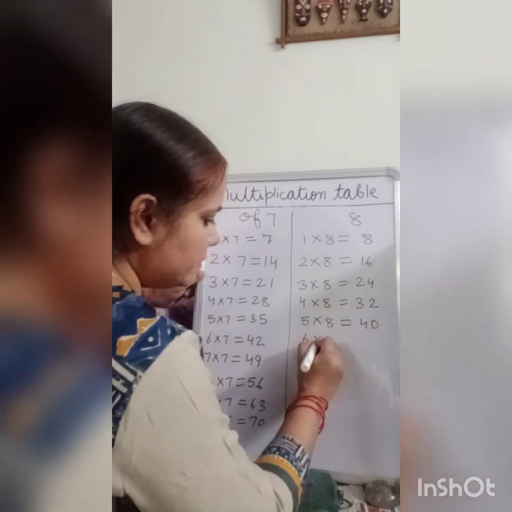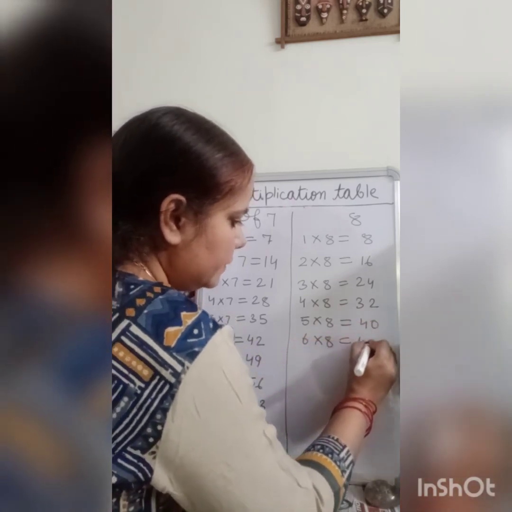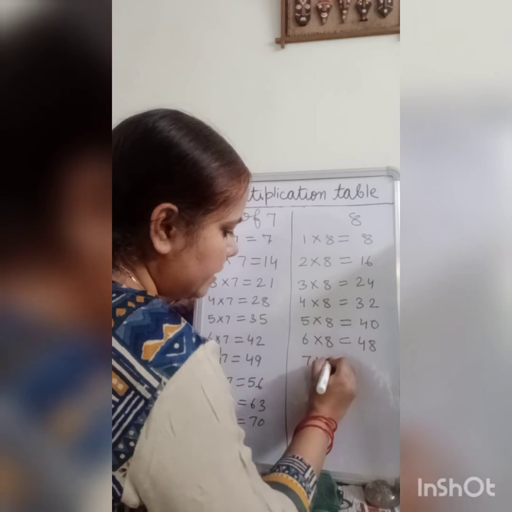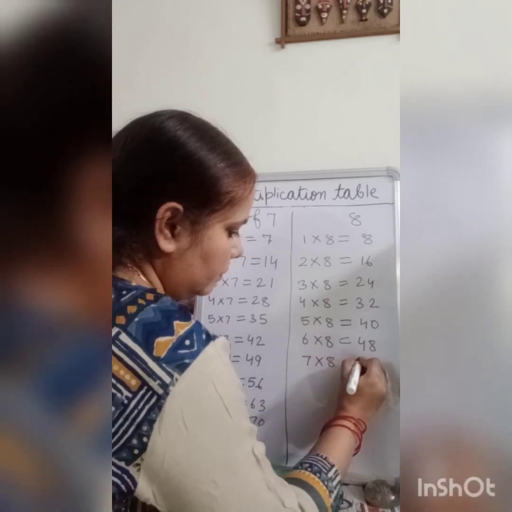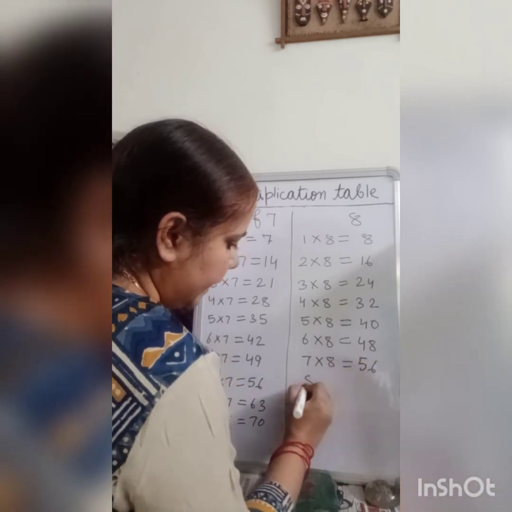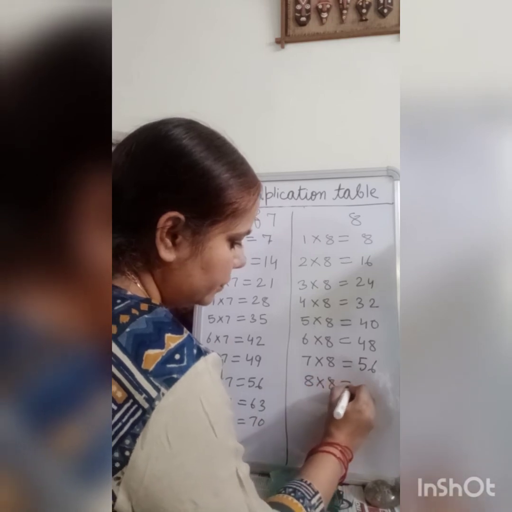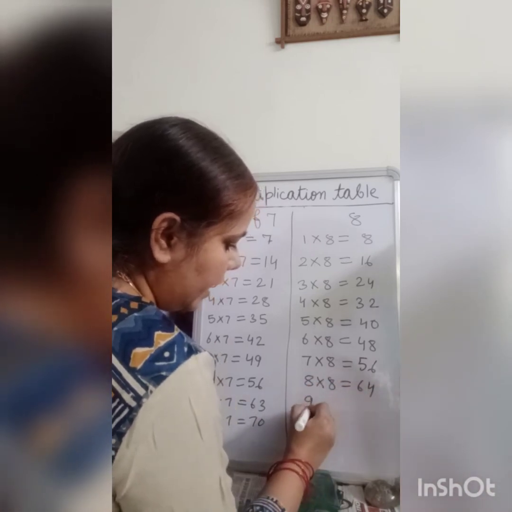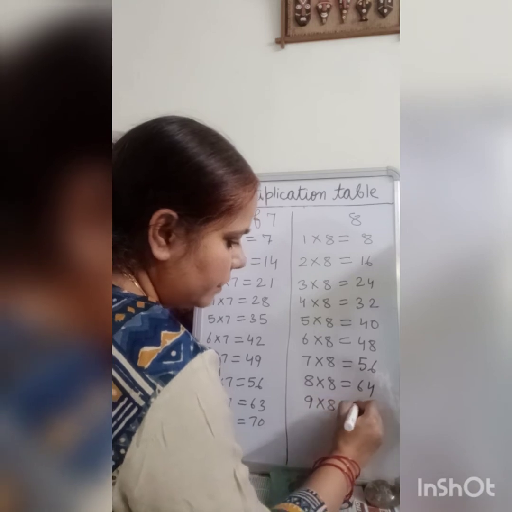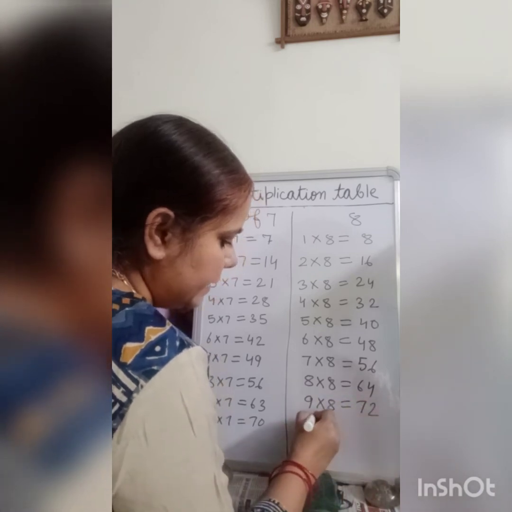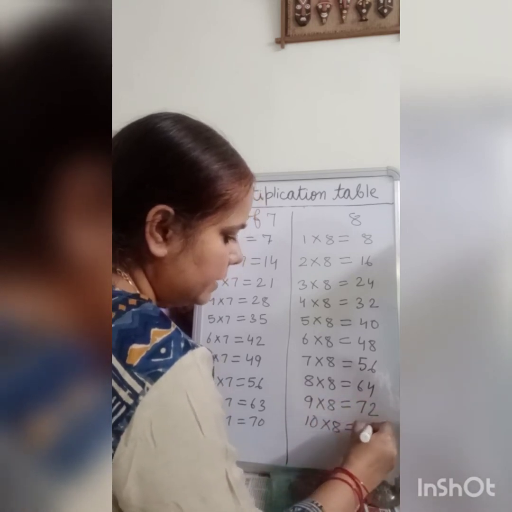And 6 times 8 is equal to 48. And then 7 times 8 is equal to 56. And 8 times 8 is equal to 64. And 9 times 8 is equal to 72. And 10 times 8 is equal to 80.